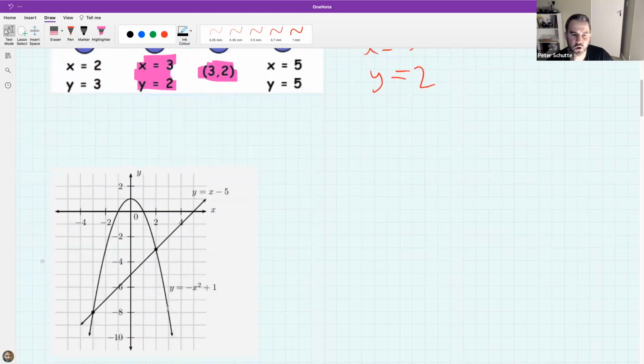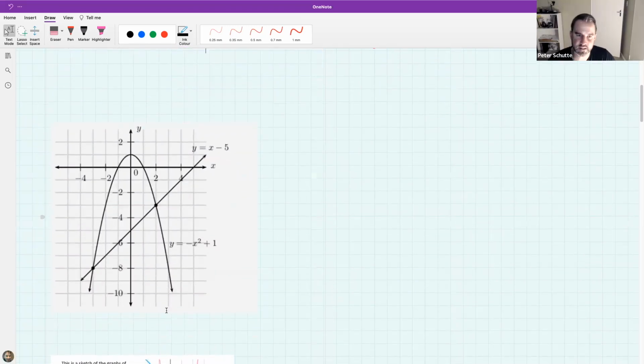But so I want to find the simultaneous solution, or find the intersection point of y equals x minus 5 and y equals minus x squared plus 1. But before we even start solving it, what is different about this question compared to the last one? So put your hand up or pop it in the chat.